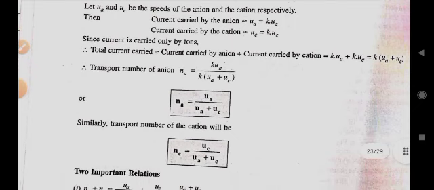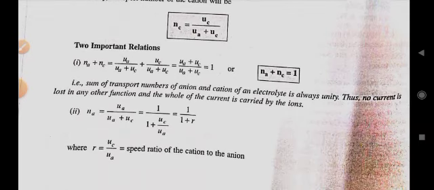Since current is carried only by ions, total current carried is equal to current carried by anions plus current carried by cations, meaning K UA plus K UC is equal to K (UA plus UC). Transport number of the anion is Na is equal to K UA upon K (UA plus UC), so Na is equal to UA upon (UA plus UC). Similarly, the transport number of the cation will be Nc is equal to UC upon (UA plus UC).